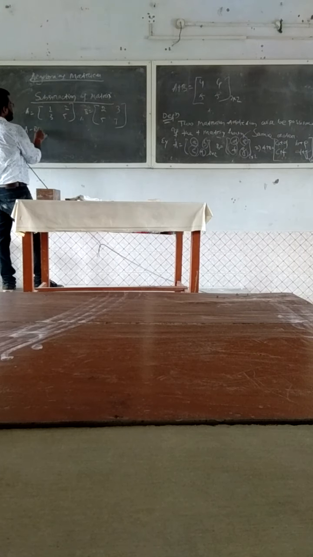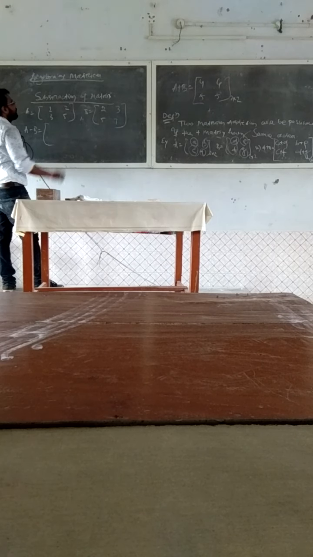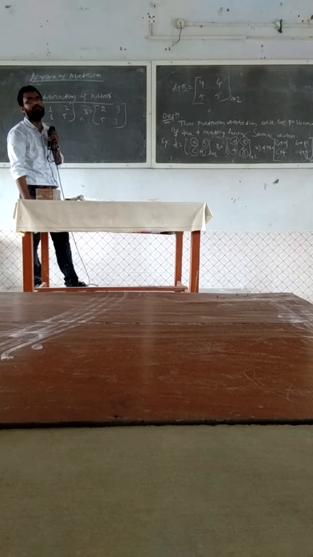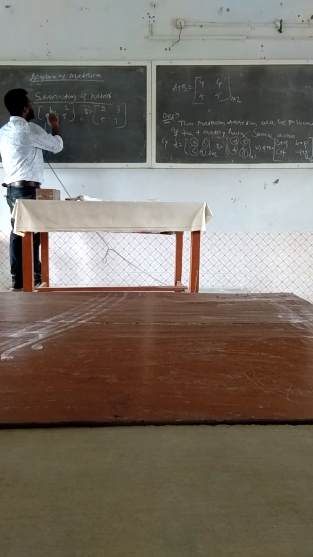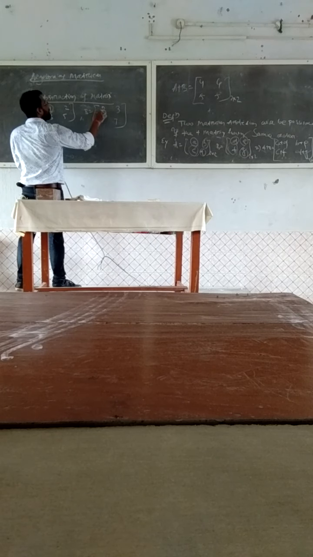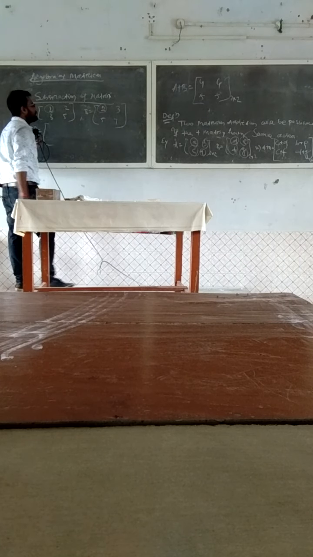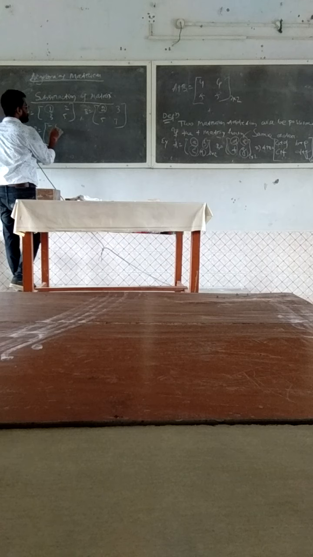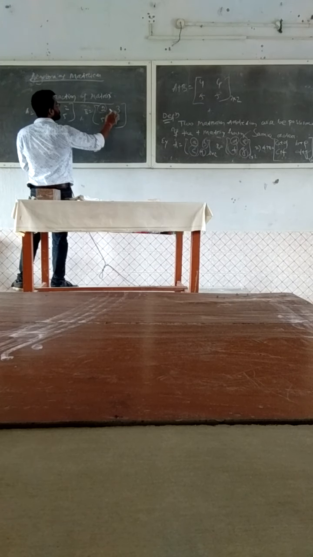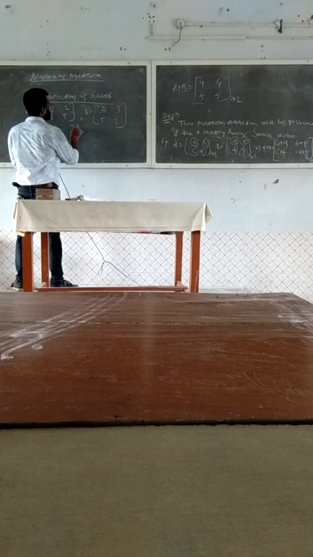A minus B: the first row, first element is subtracted from the second matrix's first row, first element. That is 1 minus 2 is minus 1, 2 minus 3 is minus 1.